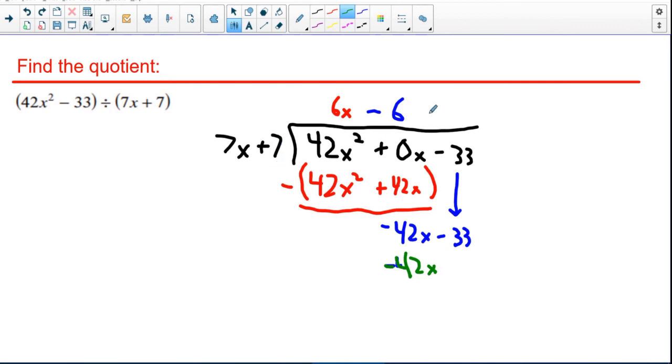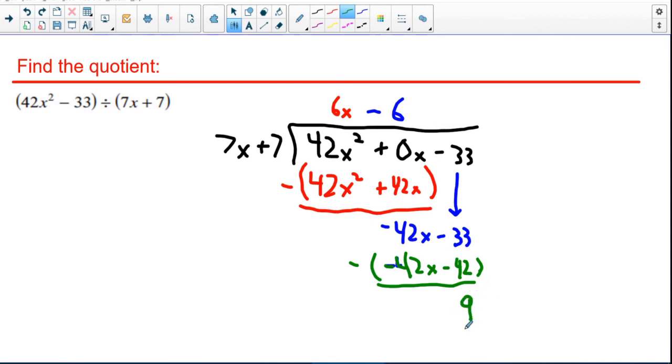And then 7 times negative 6 is negative 42. Right? And I'm subtracting this from that piece above. So negative 42x minus negative 42x, that's going to be a positive, is going to cancel. And then negative 33 minus negative 42, this is negative 33 plus 42, is going to give me a positive 9.